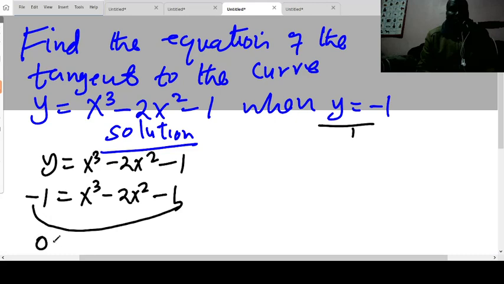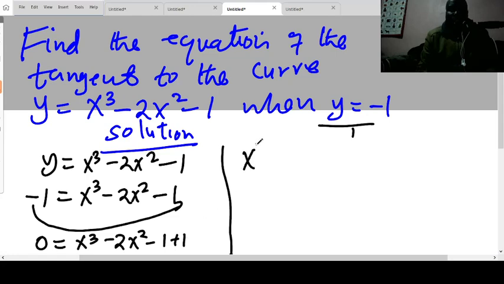So 0 is equal to x cubed minus 2x squared minus 1 plus 1. Yes, -1 plus 1 is 0. So we are going to have x cubed minus 2x squared equal to 0.